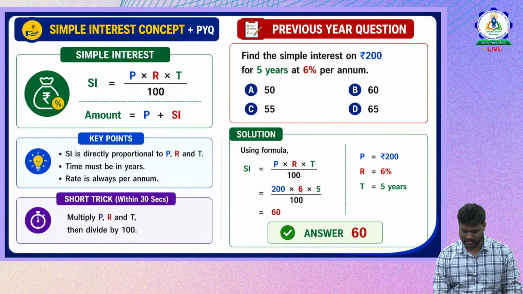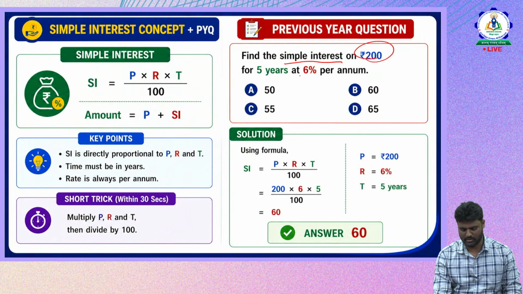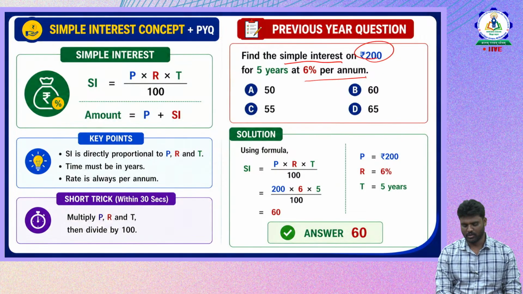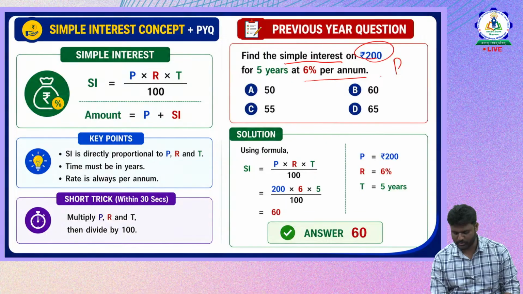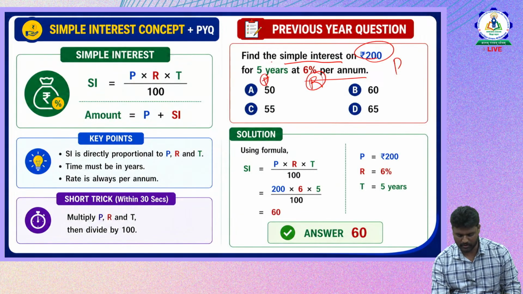The principal amount they have given is 200 rupees, the rate is 6%, and the time is 5 years, that is the T.